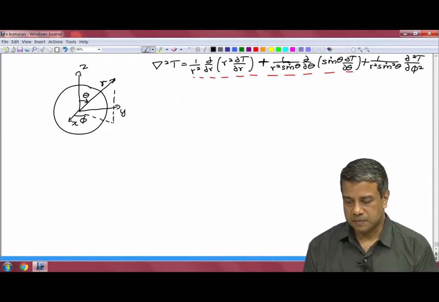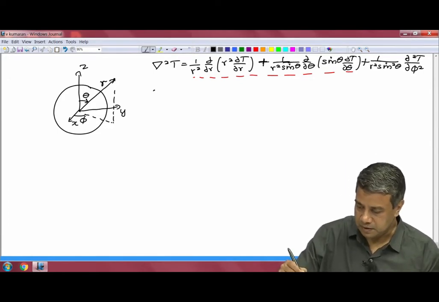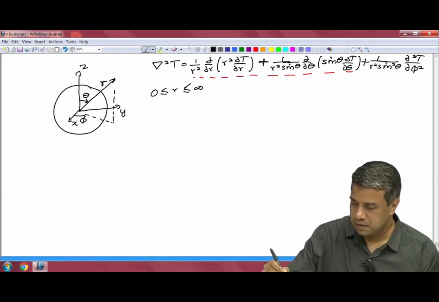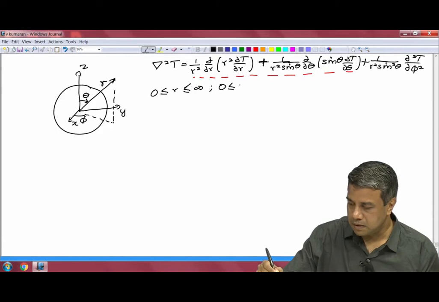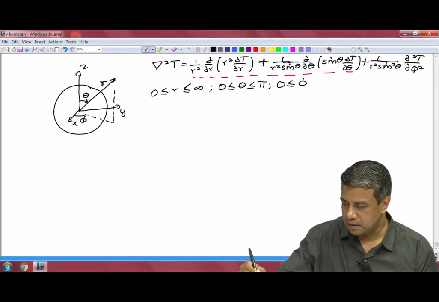The angle made by r with the z axis is theta. Theta goes from 0 to pi. And then there is the phi direction.